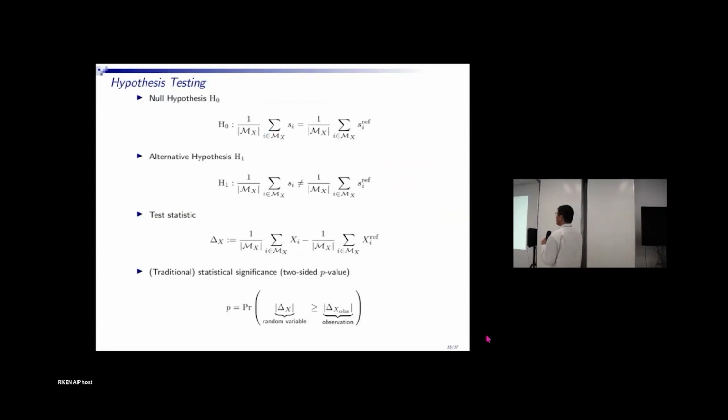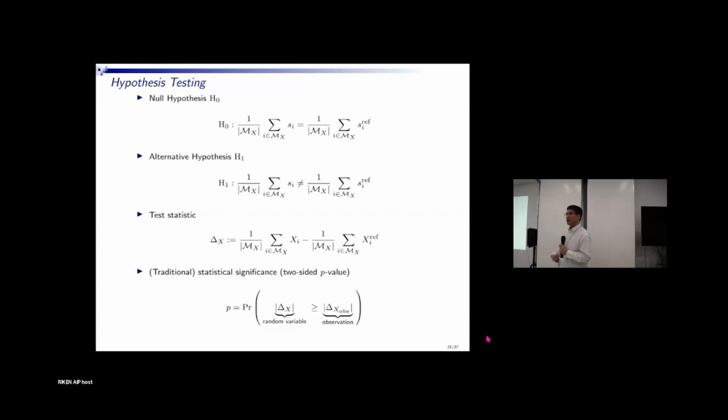Now, the hypothesis testing problem is formulated as shown here. The null hypothesis is that the average signal in the saliency region in the test image is the same as the average signal in the corresponding region of the reference image. So this is the null hypothesis, and the alternative hypothesis is its opposite: they are not equal.